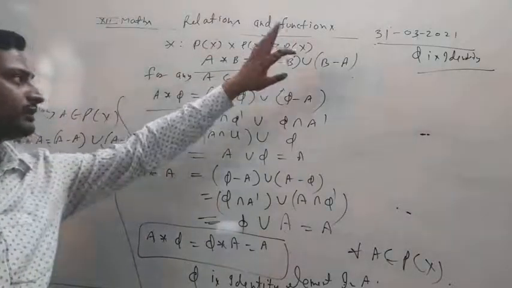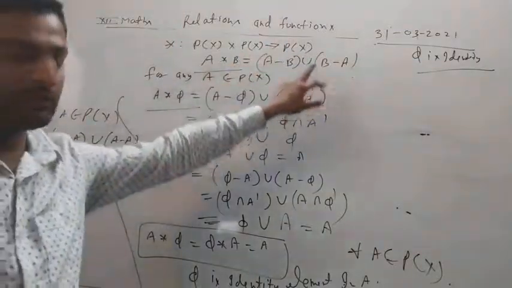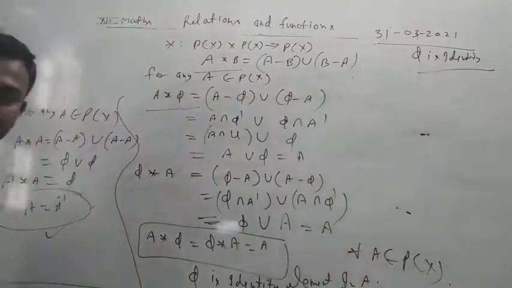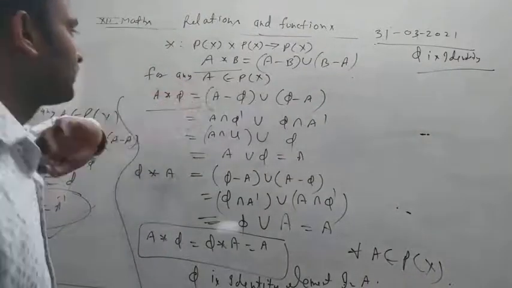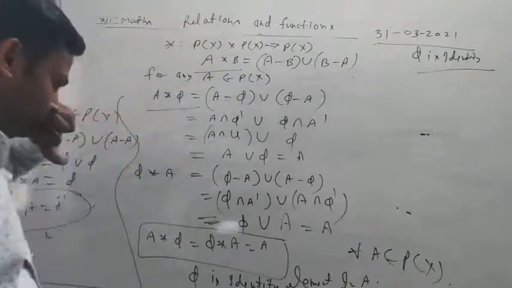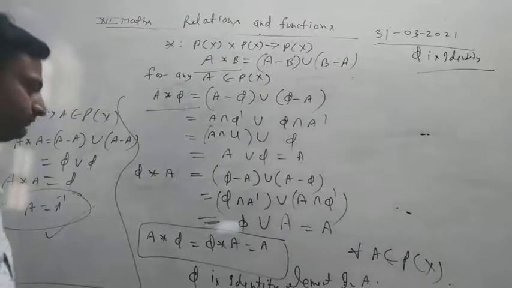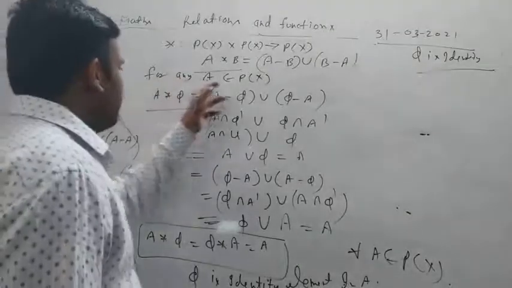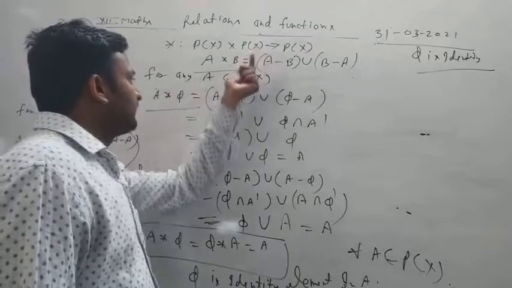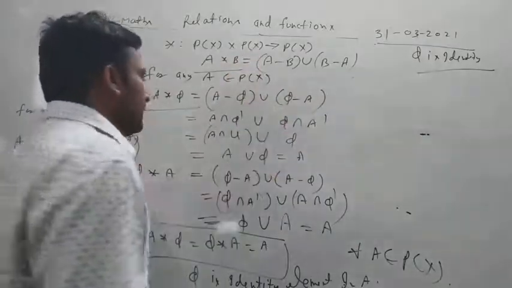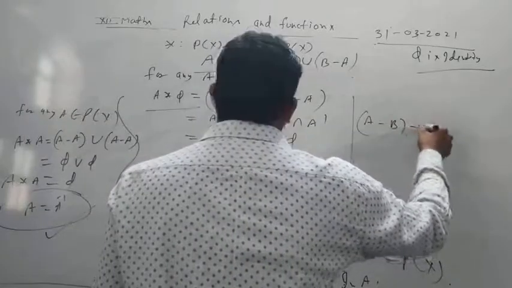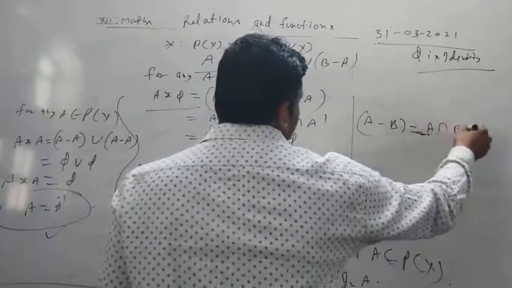So students, this question says that given a non-empty set X, let star be defined by A star B is equal to A minus B union B minus A. Then for any A belonging to P of X, our A star phi will be, we have changed B with phi, and we know the property that A minus B is equal to A intersection B dash.